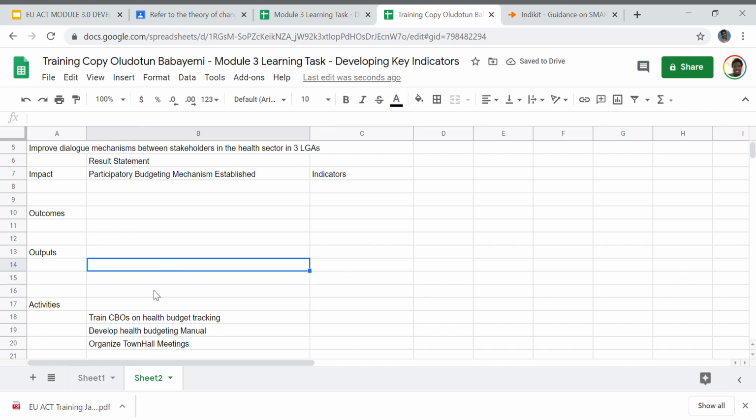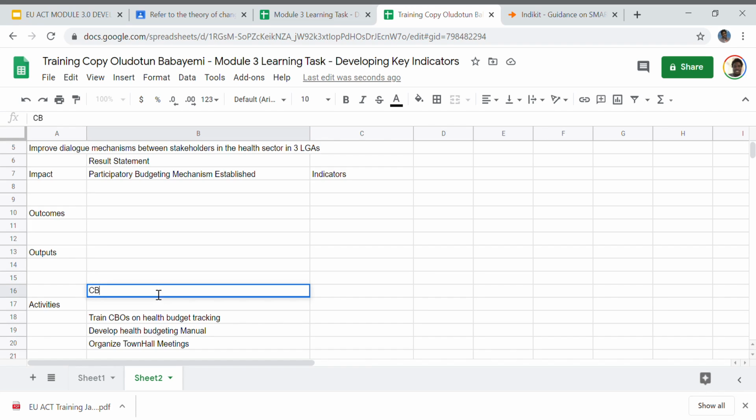So yeah, in training CBOs, they become aware of how to track, become aware of budget tracking methodologies.